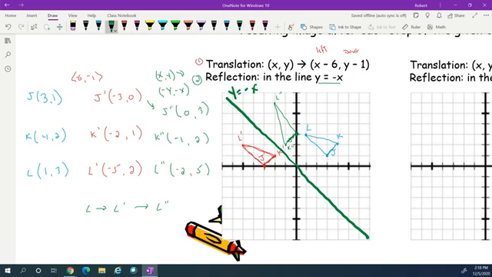And again, we can catch any mistakes because it's easy to see. -2, 5. So labeling our points, L, L prime, L double prime: original, after the first step, after the second step. Writing it out.